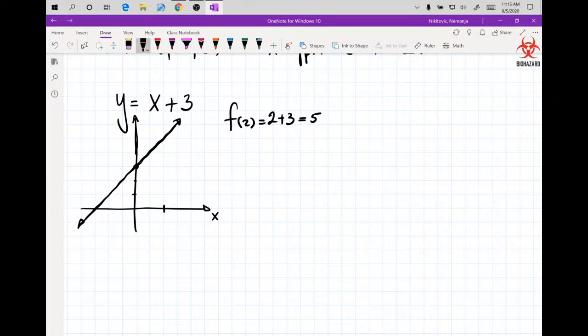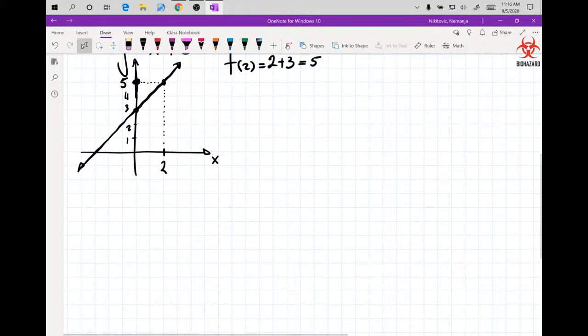You can check that. Here's your 2. You will go up and over, and this value is 5, right? 1, 2, 3, 4, 5. So value is 5. You see graphically, and you know that 2 plus 3 is 5. So you have two ways of figuring out, using the function, that your output for this function is 5.